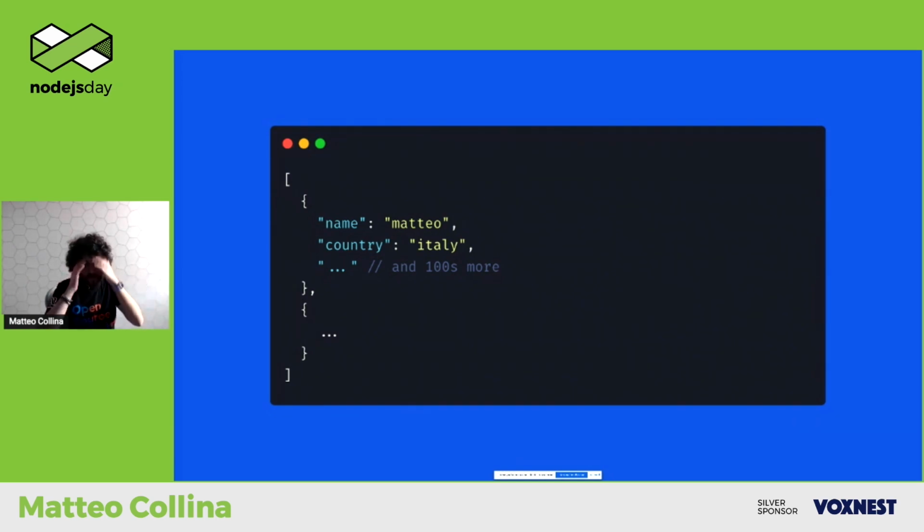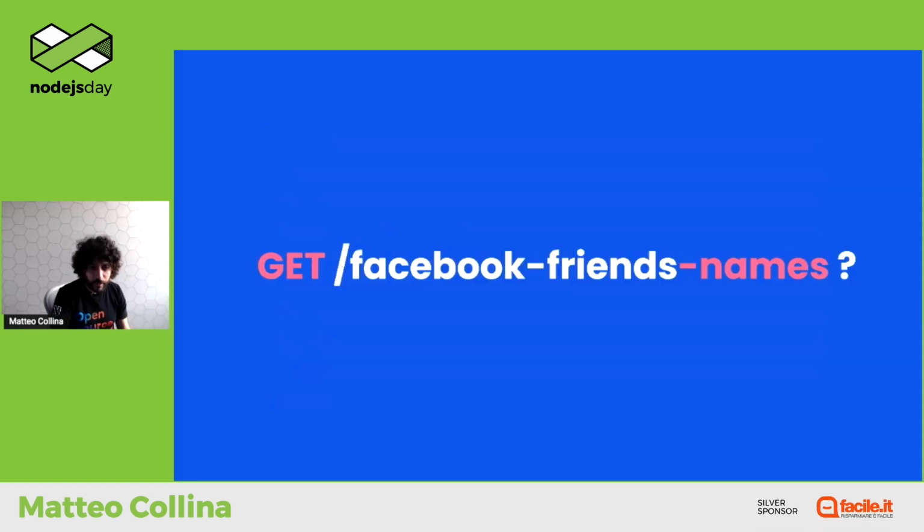If you just want the name, why should we include all that data? Why should we transfer all that data to the browser, or more importantly on mobile, when this data is not needed? In fact, it can improve the end user experience by just returning less data, which is normally the case, by the way.